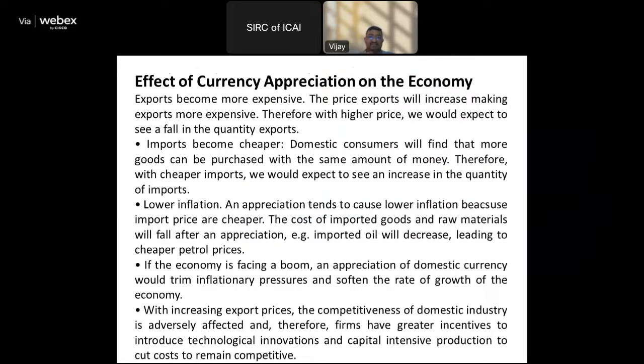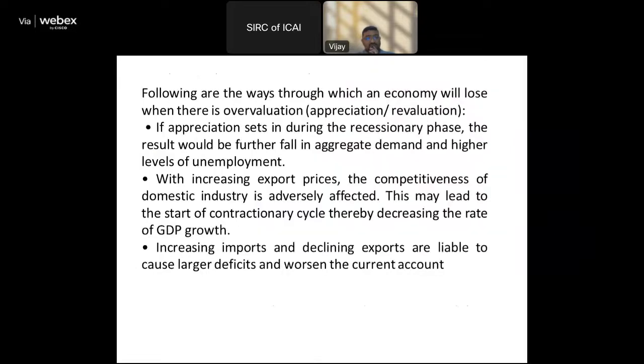So with currency appreciation, imports become cheaper and there is lower inflation. The economy faces a boom with increasing export prices. But if overvaluation, appreciation or revaluation sets in during a recessionary phase, the result would be a fall in aggregate demand and a higher level of unemployment.